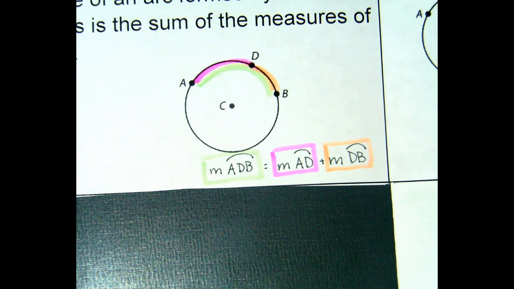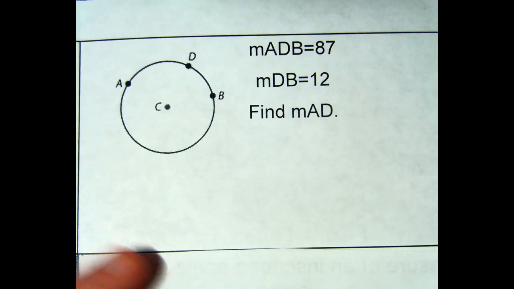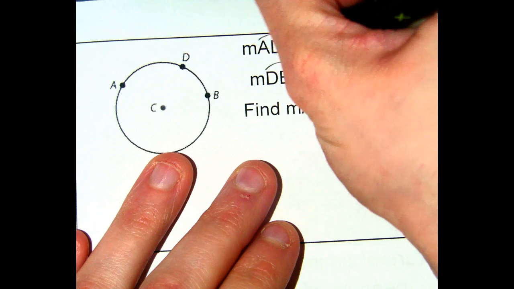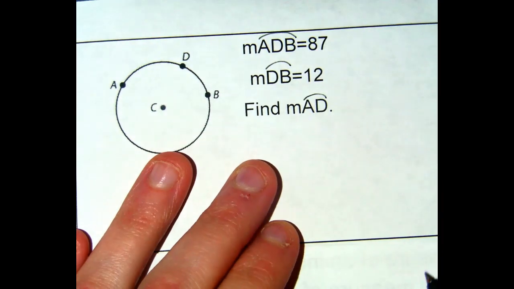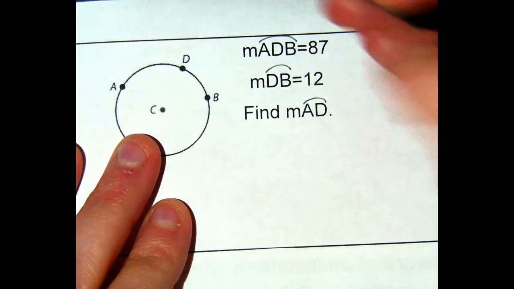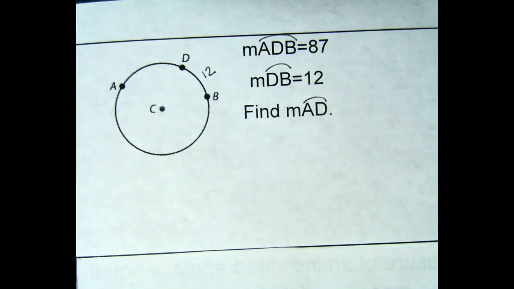Alright, so if I slide this over, put arcs over these letters, it's kind of hard to draw that there. We know that the whole thing is 87, and we know that this piece is 12, and we're actually talking about arc length. This is not degrees. We don't 100% know how to find all measures of arc length today, but we can at least add them and subtract them and find them.